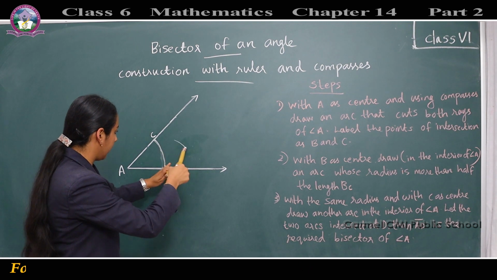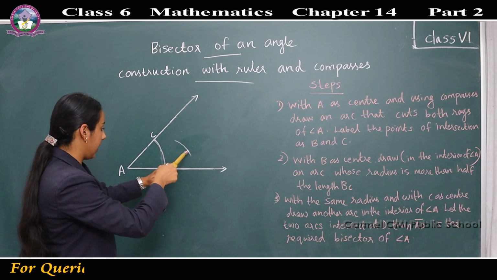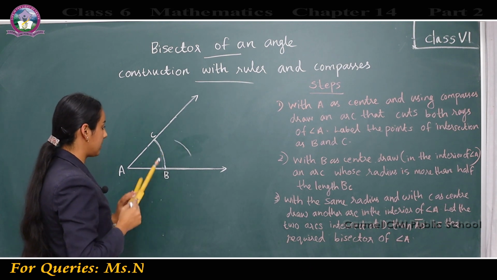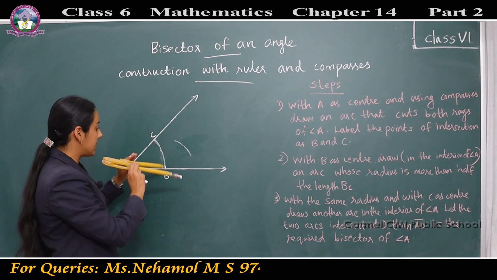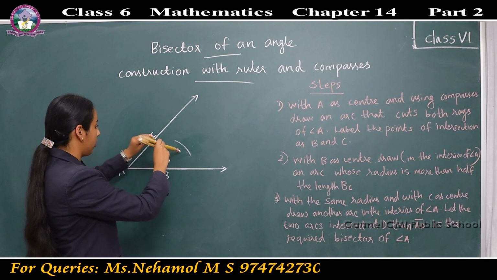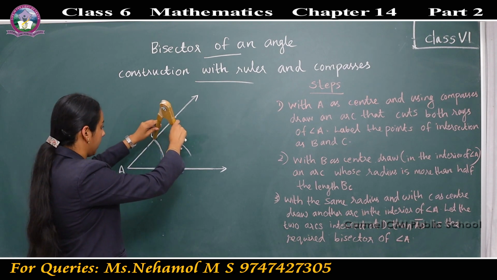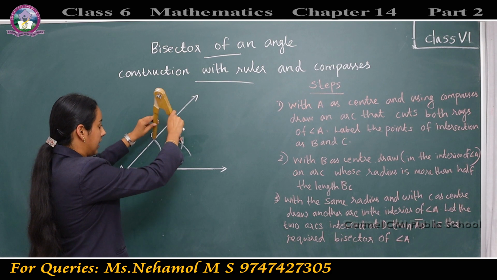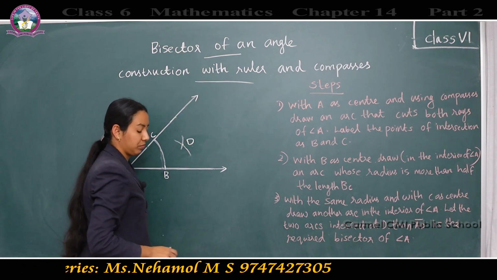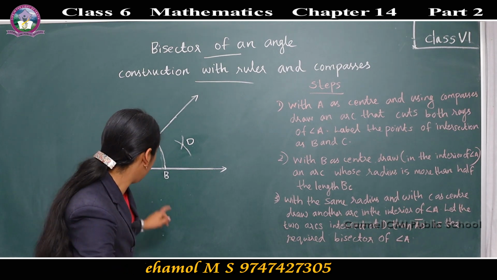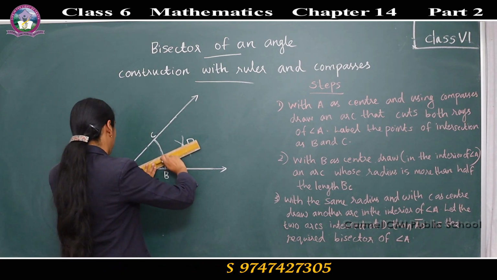Similarly, with the same radius and with C as center, draw another arc in the interior of angle A. Name this point as D. Now, join A and D.